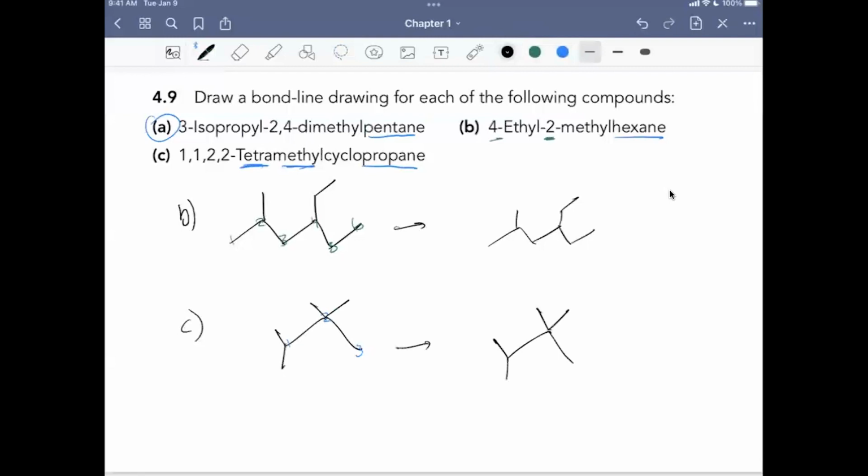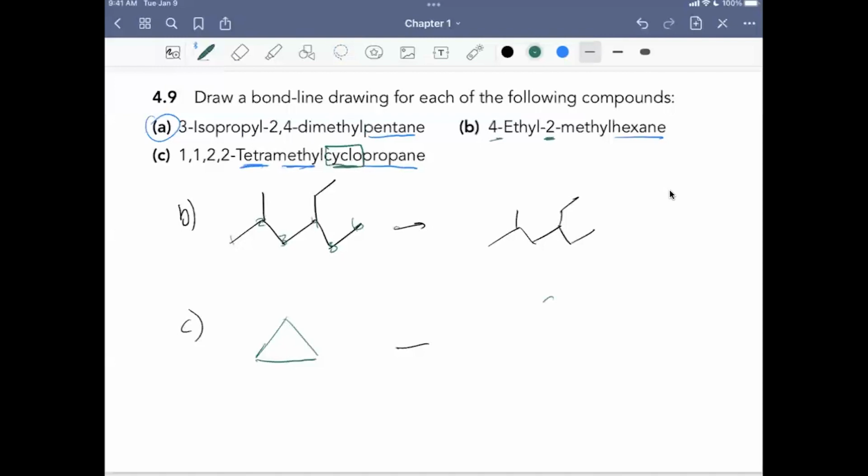So without the numbering, it looks something like this. All right. Oh, that's a cyclo. Ooh, I almost caught it off guard. So that cyclo means that it has to be a ring. So it would actually be a 3-membered ring. I'm glad I caught that because I was thinking, well, we would have more carbons in there. But it's cyclo, so that cyclo means it has to be a ring.